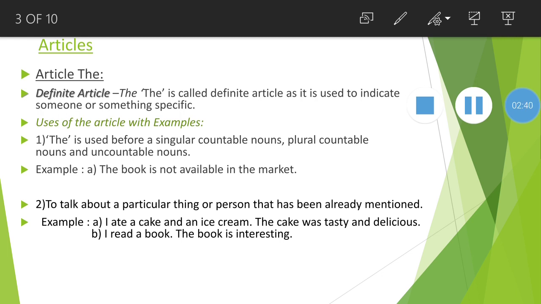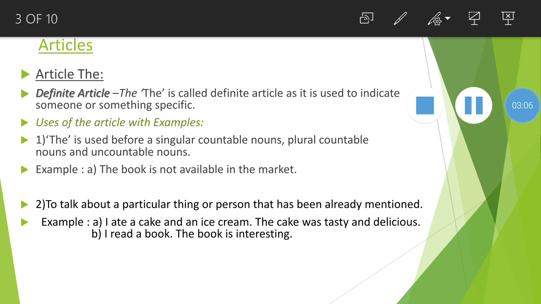Red color pen means we get specific or particular information about the pen. So we use the article the, because we get specific or particular information about the noun. So we see one by one how and where to use the article.